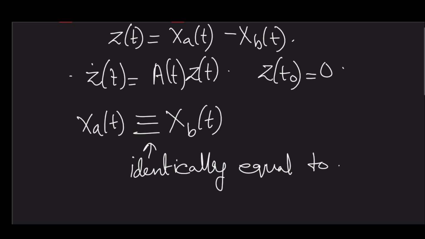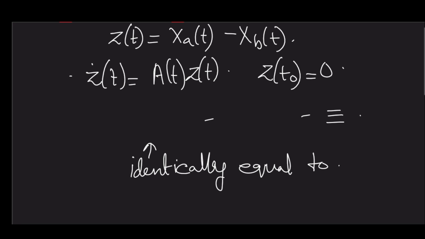Only when we are able to prove that Z(t) is identically equal to 0, and we can prove that only when we can prove that Z dot t is equal to 0.